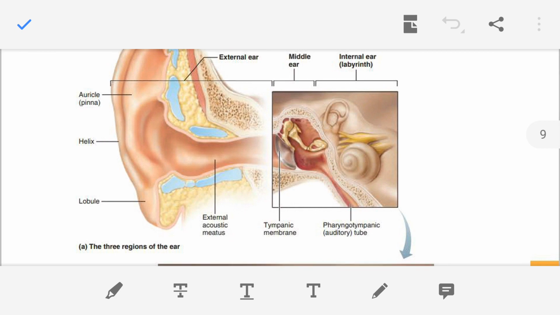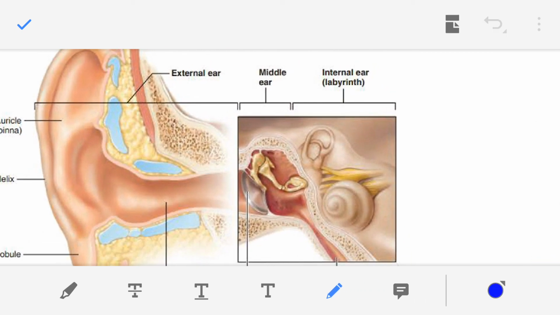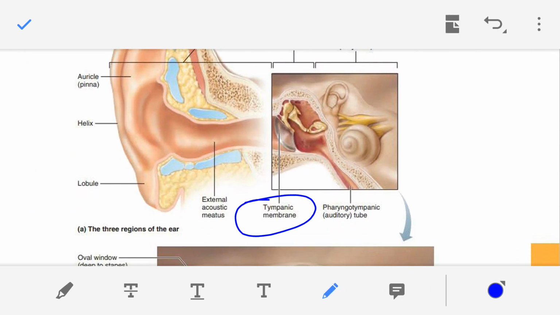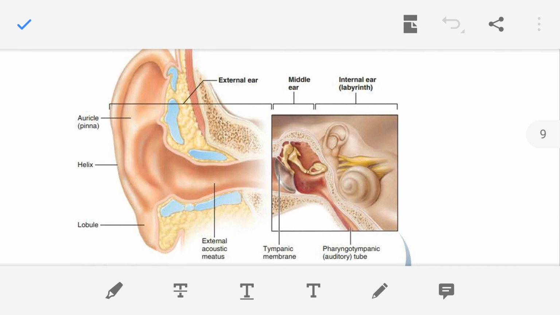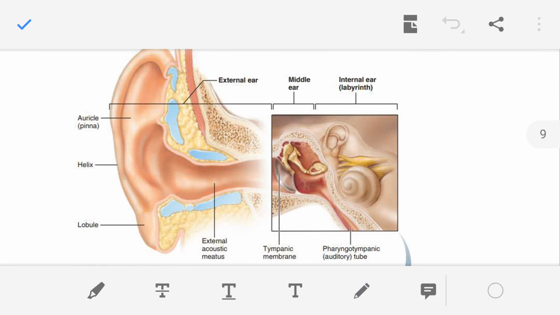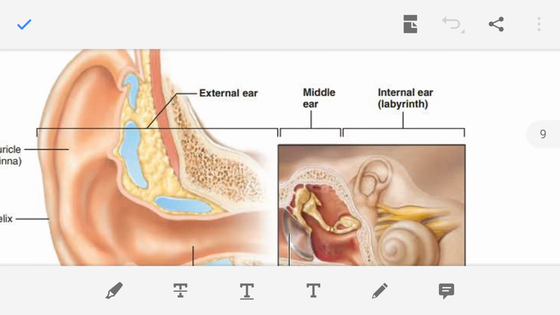So first you see in the figure where exactly the tympanic membrane is present. Here the name is written, tympanic membrane. As we can see in the figure, the tympanic membrane is present between the external ear and the middle ear, at the point where the external ear is ending and the middle ear is starting.